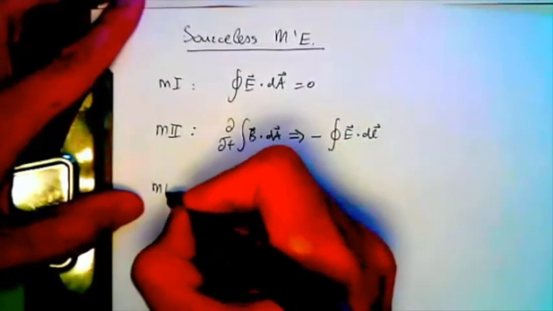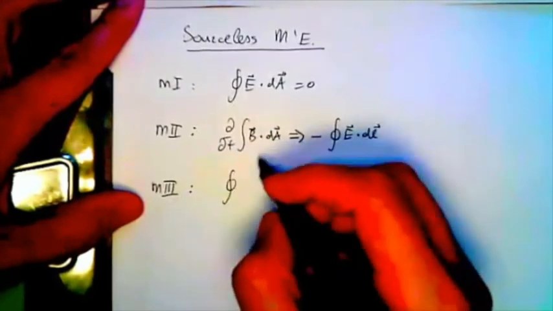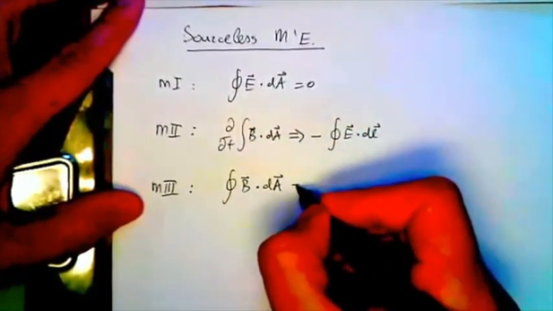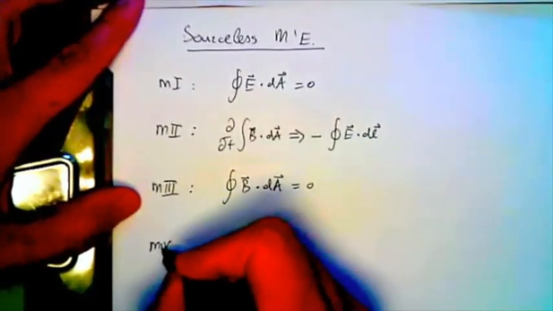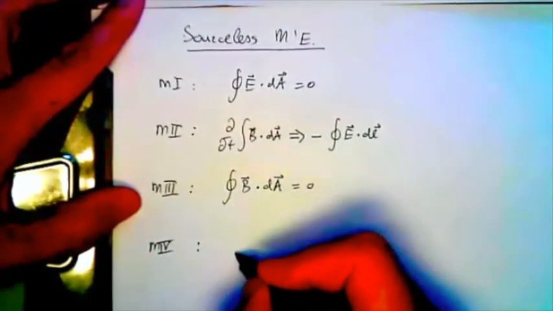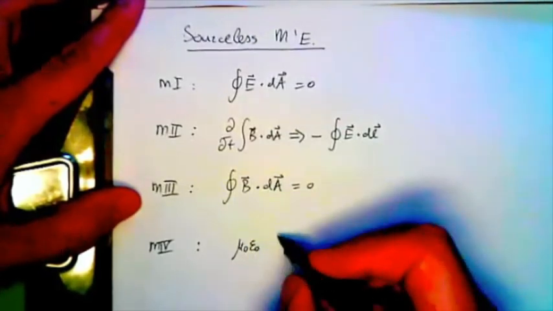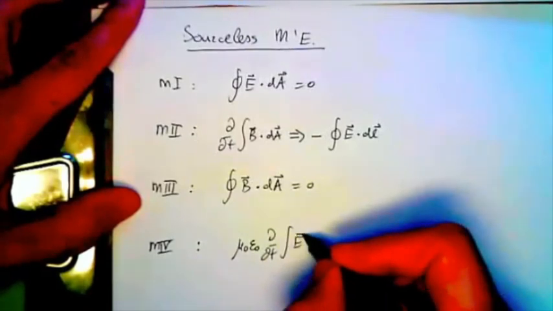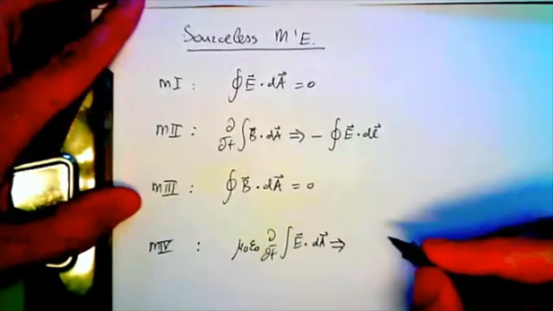Maxwell 3 is now looking just like Maxwell 1, and Maxwell 4 is saying that there's a mu naught epsilon naught DDT of EDA that creates a magnetic field.